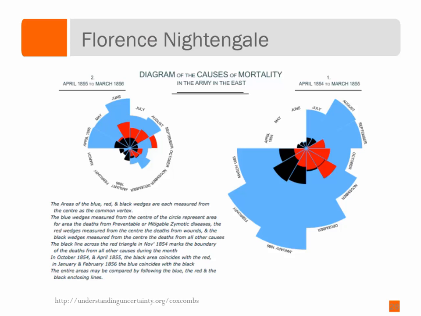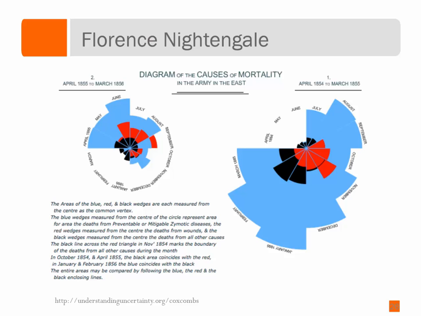And so what we see here, we see different areas of blue, red, and black measured. The blue wedges are the area for the deaths from preventable diseases. Red wedges are basically deaths from wounds, and then black wedges are deaths from all other causes.